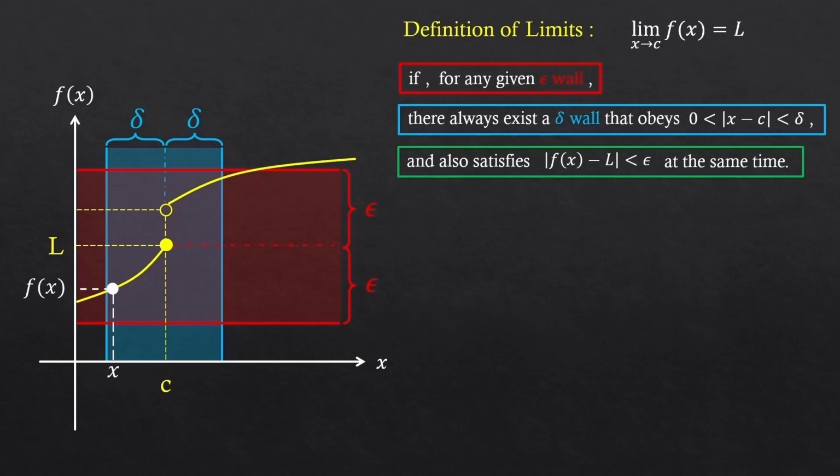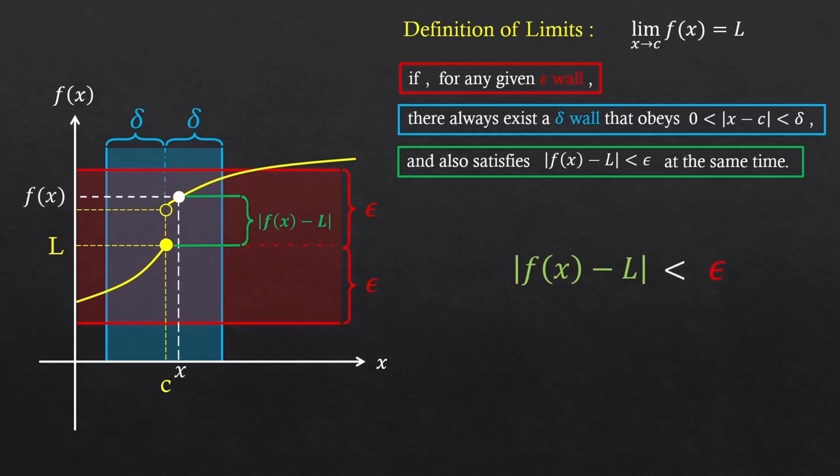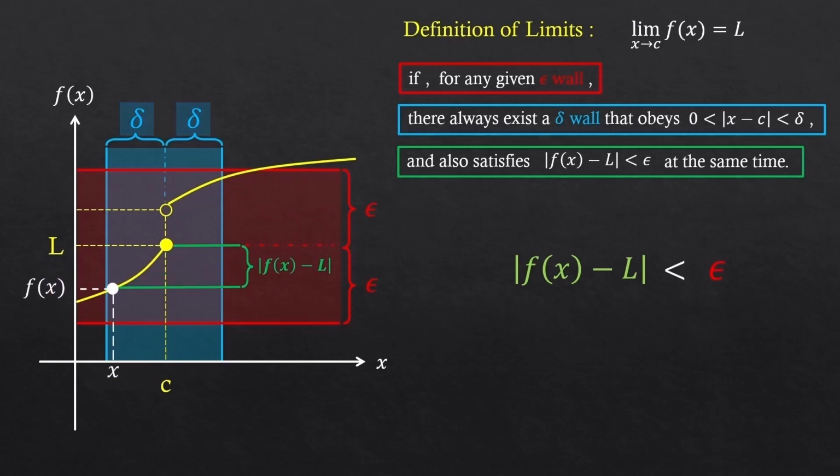And fx minus L means the spacing between the two, right? Is that space wider than epsilon? No. Nice. So we do have a delta wall that makes this possible. Great. So the limit exists then?